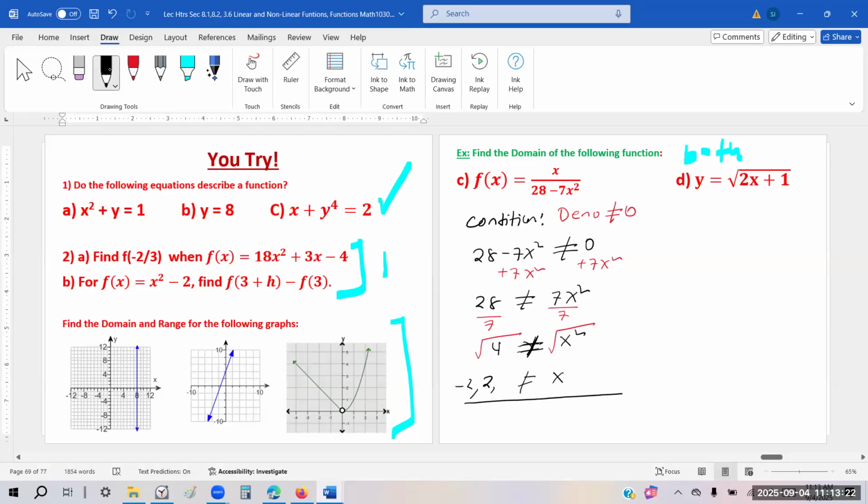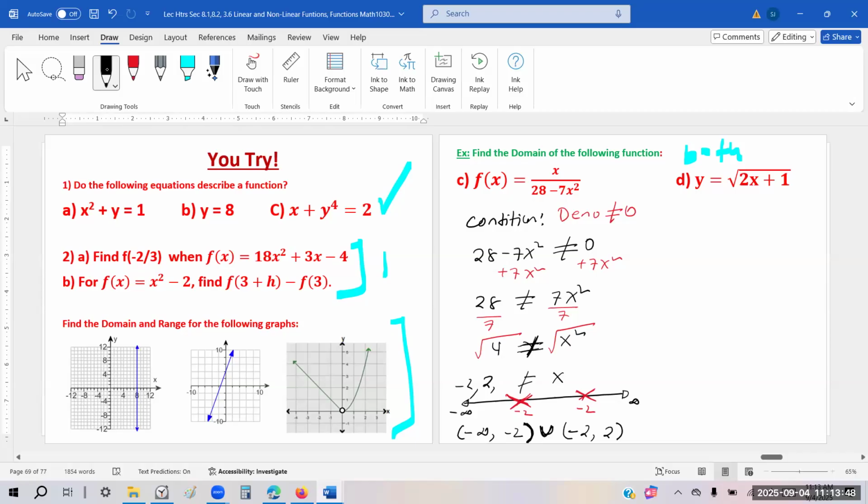So there are 2 numbers you cannot replace your x with. If you want to visualize the scenario, all of the numbers are allowed, but you cannot replace x with negative or positive 2. So give me the interval notation. Negative infinity to negative 2, parentheses, because you cannot use negative 2.